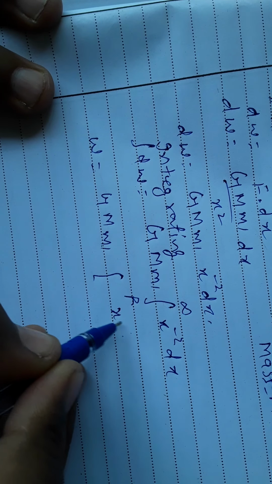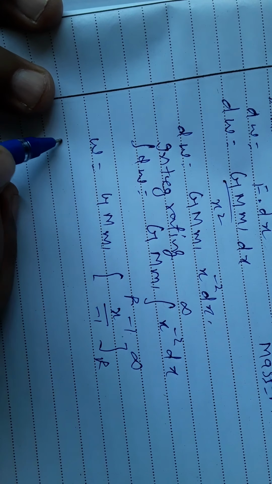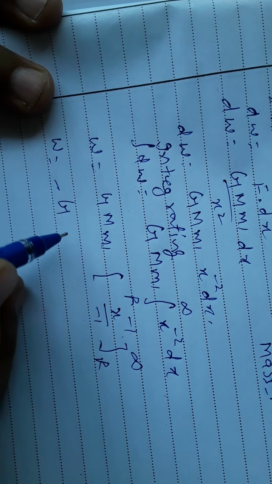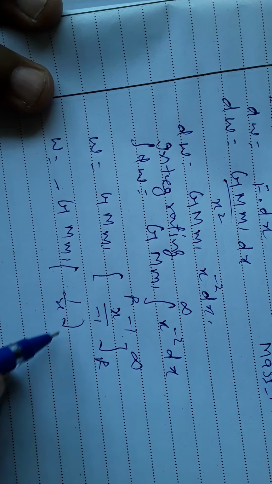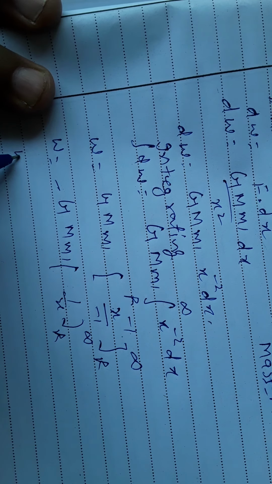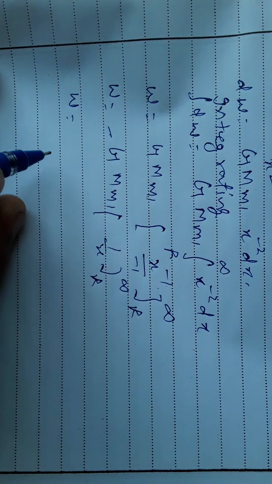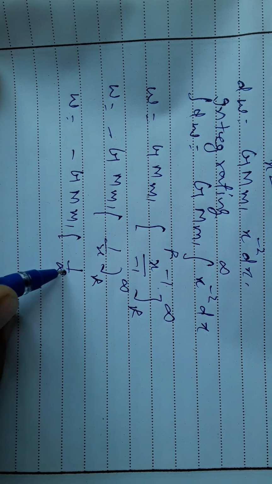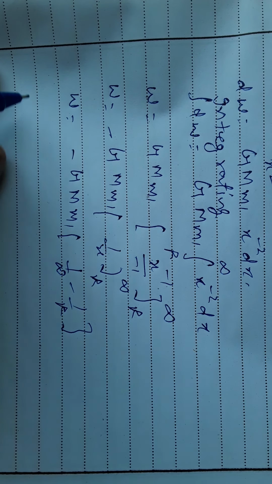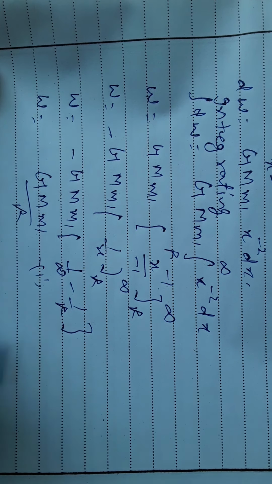Now we can integrate, it will be minus 1 upon minus 1. W is equal to minus G m m1 x power minus 1, that is 1 upon x, from r to infinity. W is equal to minus G m m1 times (1 by infinity minus 1 by r). So W is equal to G m m1 upon r. This is equation number first.